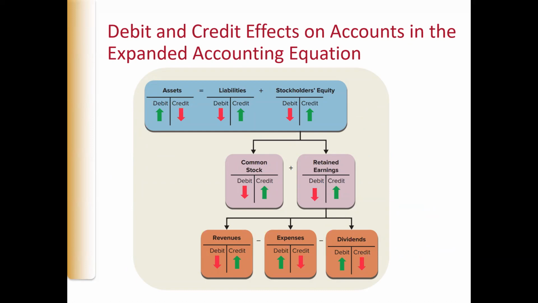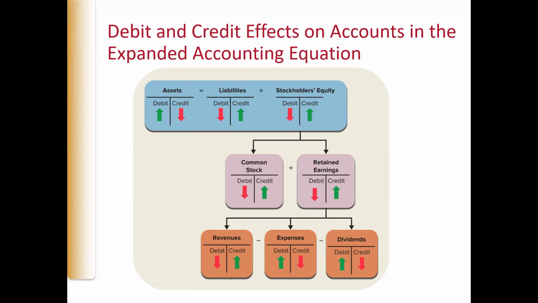Revenues increase retained earnings, so it's going to follow the same guideline. When you increase a revenue, you're going to credit it. When you decrease a revenue, you're going to debit it. But expenses and dividends are going to work the opposite.